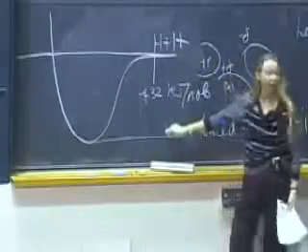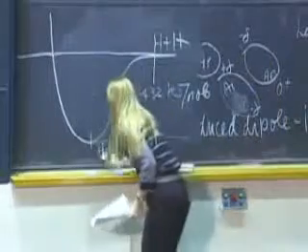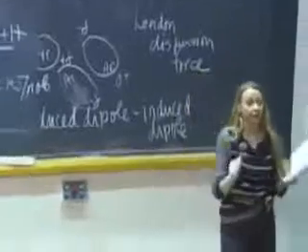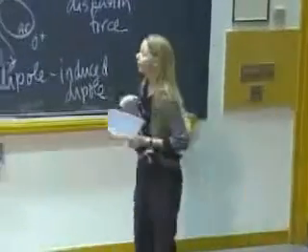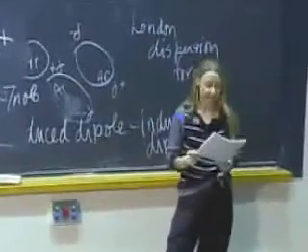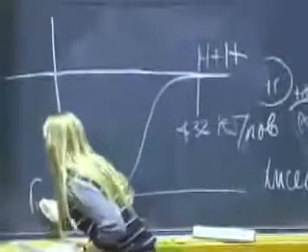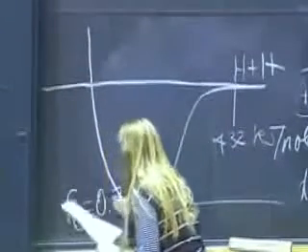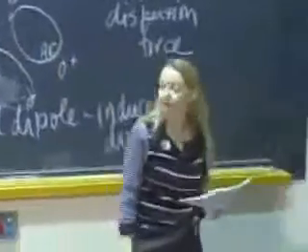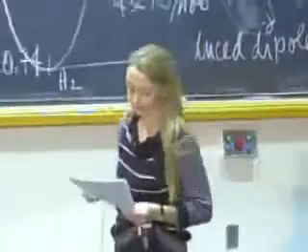All right, look at how much stronger the H2 bond is in the case of a covalently bound molecule. 432 as compared to the 0.996 in the case of the argon. Look at what the equilibrium distance is here in the case of H2. It's 0.74 angstroms compared to 3.8 angstroms in the case of argon.